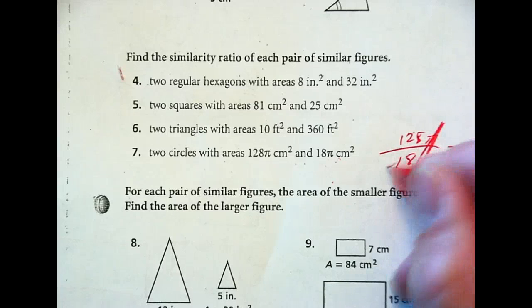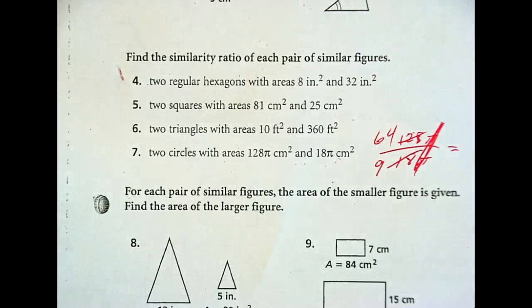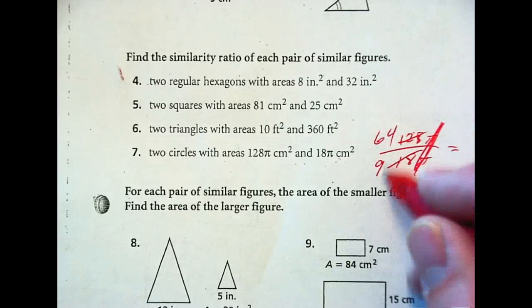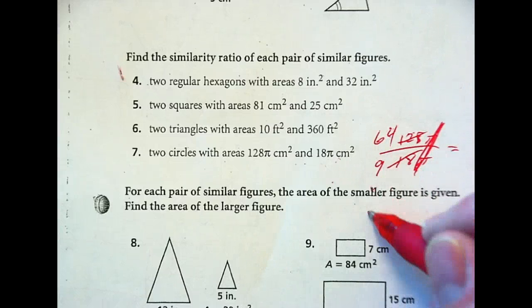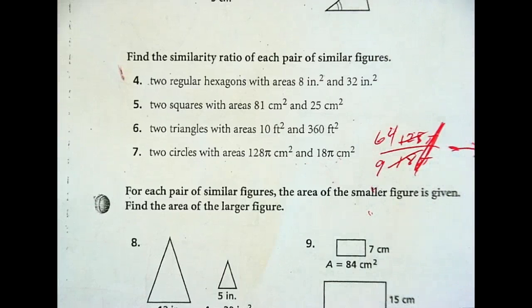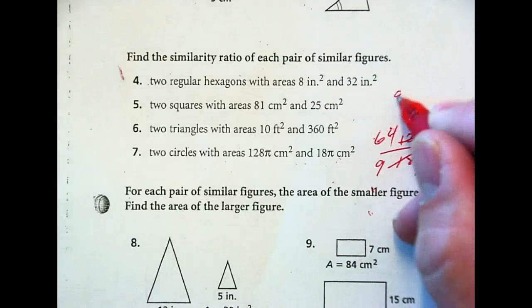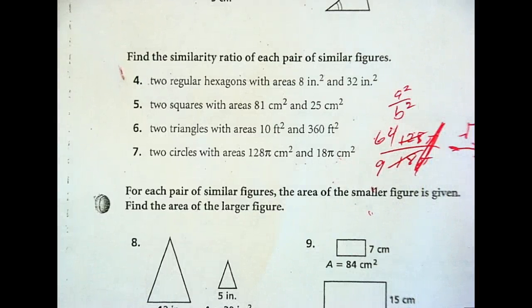So we could take a 2 out, so that's 64 over 9. Okay? That good? Can't go any further than that. Plus, these are both perfect squares. And to find the similarity ratio, we have to take the root of it. So this is a squared to b squared. We want to go to a to b.